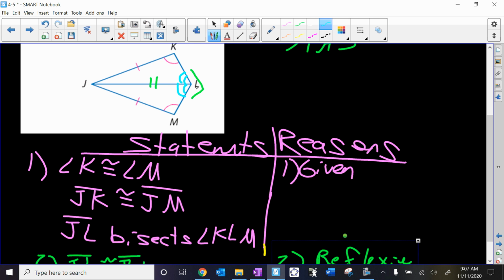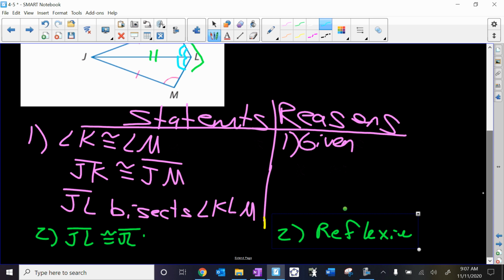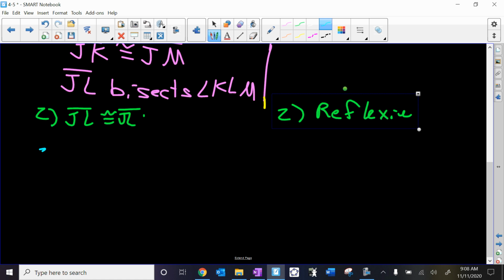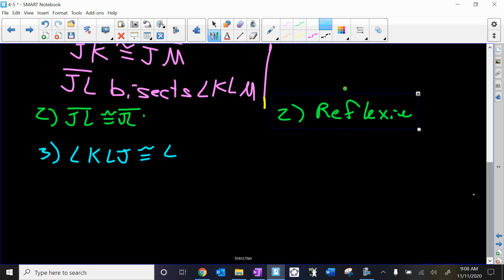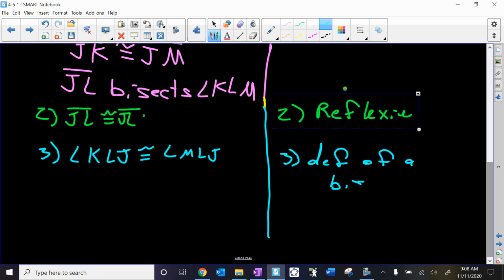We're going to say angle KLJ is congruent to angle MLJ by the definition of a bisector.